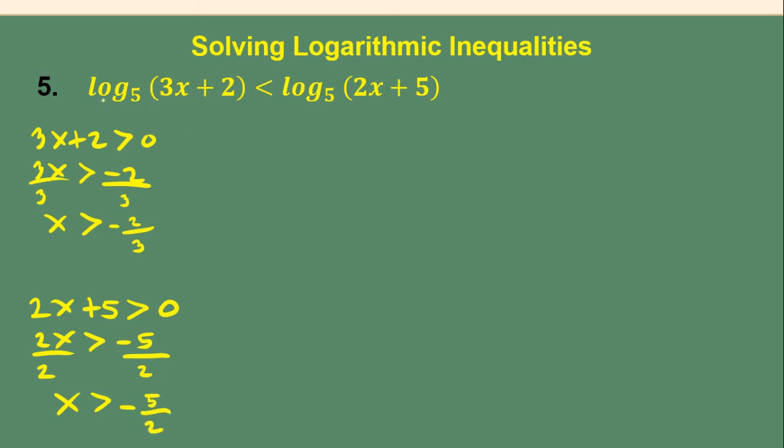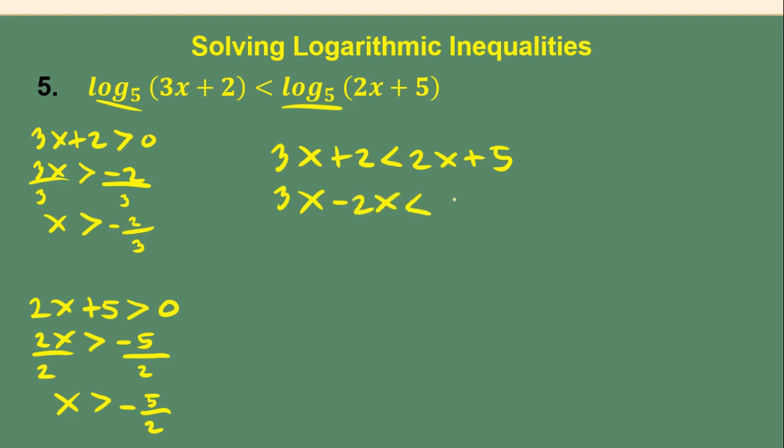Okay, so we have here the same base. So just copy. 3x plus 2 is less than 2x plus 5. So 3x, and then move 2x to the left side. So we have 3x minus 2x is less than 5, and then 2 will become negative 2. So 3x minus 2x is simply x is less than 3.